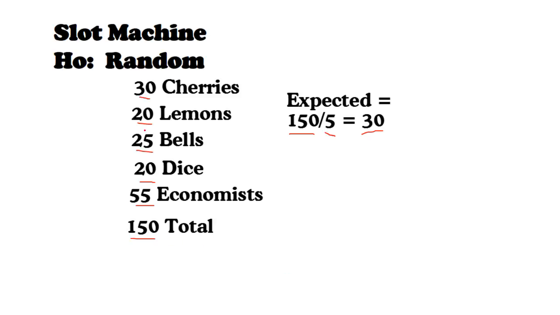So we have a total of 150, and here's what's on the wheel. Okay? So again, chi-square is equal to the sum of O minus E squared over E. So we're going to take 30 minus 30 squared over 30, 20 minus 30 squared over 30, 25 minus 30 squared over 30, 20 minus 30 squared over 30.